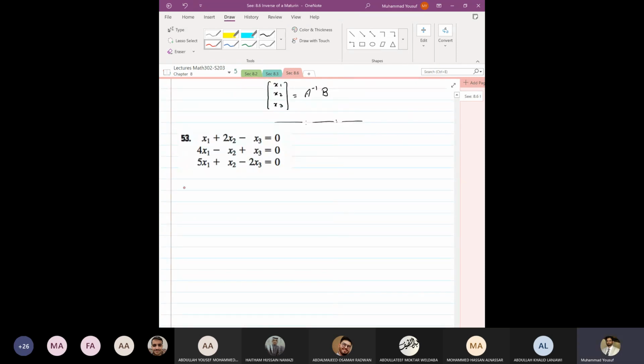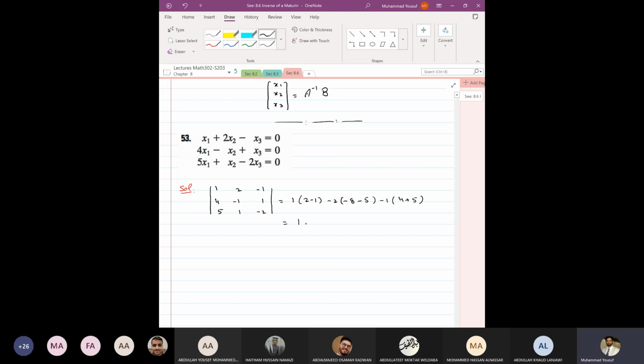Okay, so the determinant of the coefficient matrix 1, 2, -1, 4, -1, 1, 5, 1, -2 is equal to 1 bracket 2 minus 1 minus 2 bracket, minus 8 minus 5 minus 1 bracket, 4 plus 5.